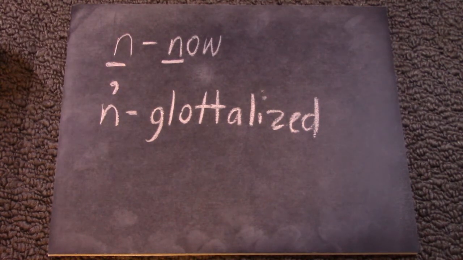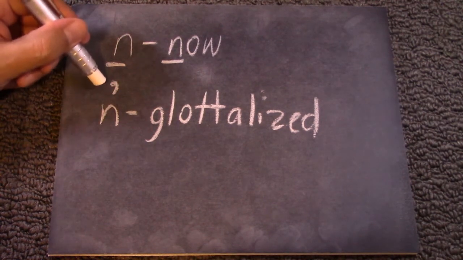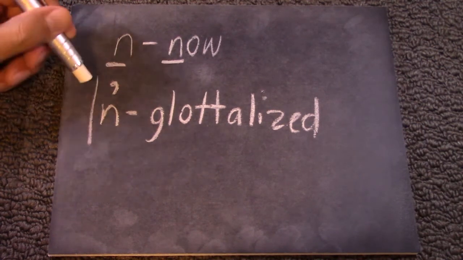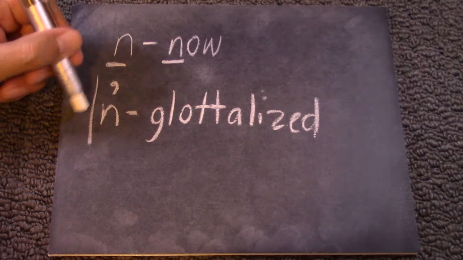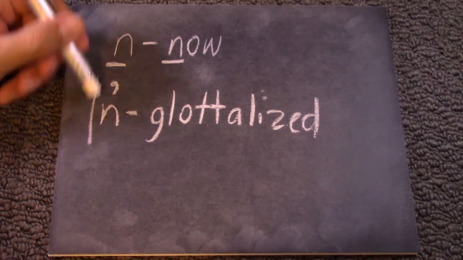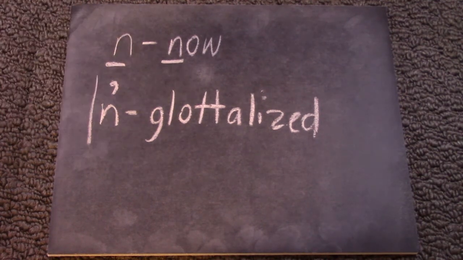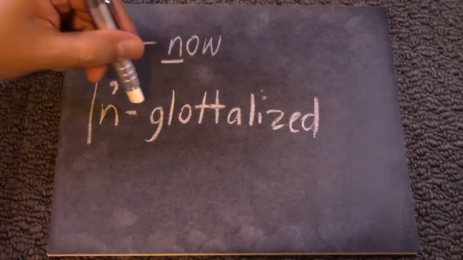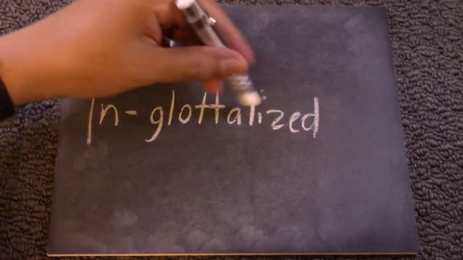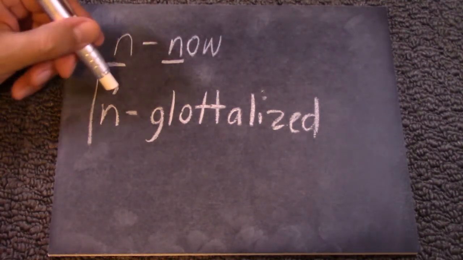But what this means is that if there's a letter in front of this glottalized N, then there's going to be a pause there. You'll be able to hear the person closing their glottis, closing their vocal cords, and then pronouncing N.